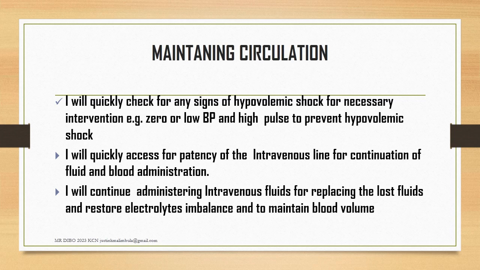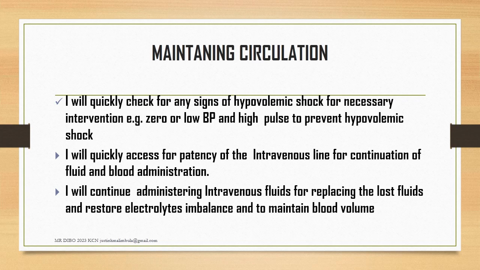Then from there, I will quickly also assess for patterns of IV line for continuation of fluid and blood administration. Very, very important. Then from there, you will also need to continue administering intravenous fluids for the replacing of lost fluids and the restoring of electrolytes imbalance.